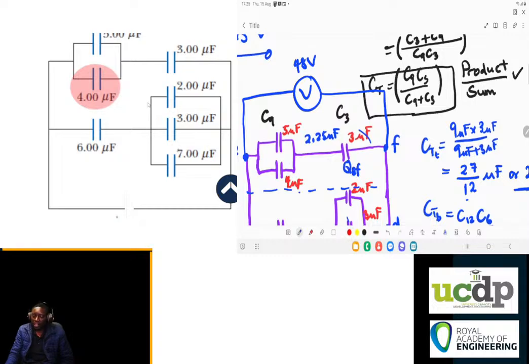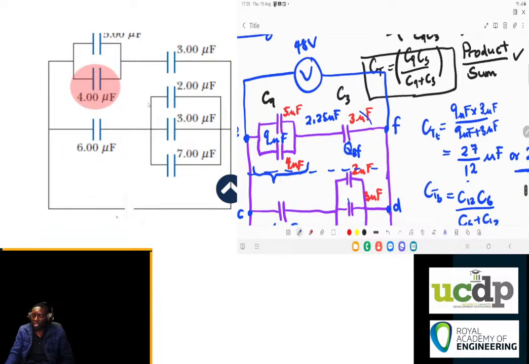And it is also the same charge that is on the equivalent capacitance of these two, which we said is 9 microfarad. So it is the same total charge QEF that we find on this equivalent capacitance.